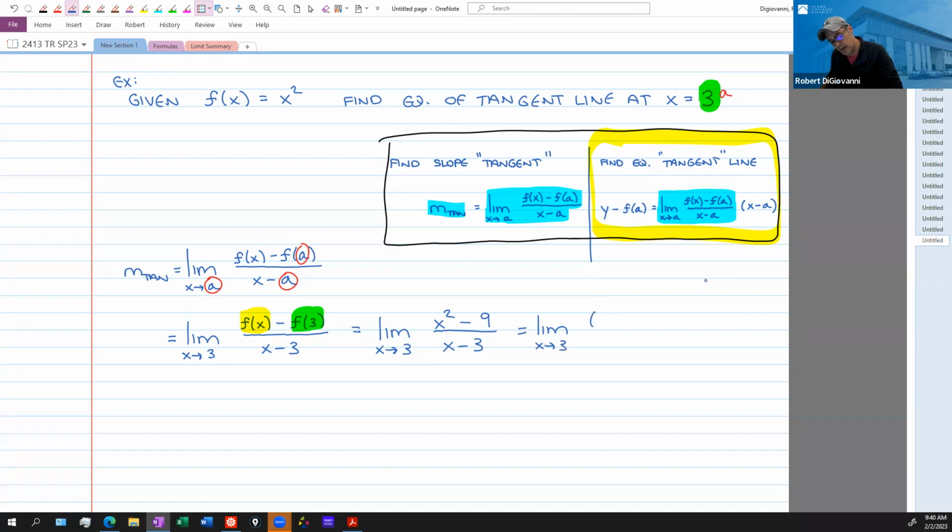So the top becomes x plus 3 times x minus 3, and the bottom is just x minus 3. Now you can cancel out the x minus 3's, and all you're left with is x plus 3. So let x go to 3 now, and you get a final answer of 6.